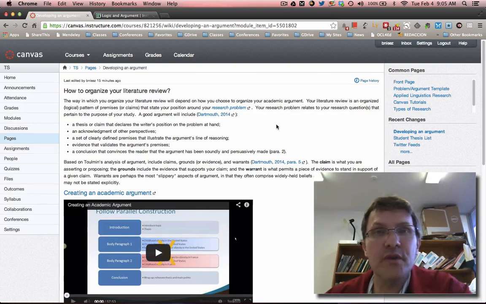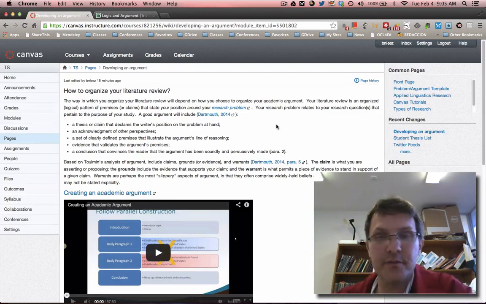So these are the three reasonings. We have side-by-side reasoning, we have chain reasoning, and joint reasoning. And these are three basic patterns that you can follow when you're developing your literature review, or when you're thinking about how you want to organize your literature review. Now, there's some variations.